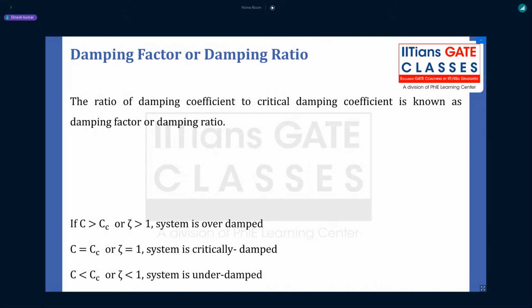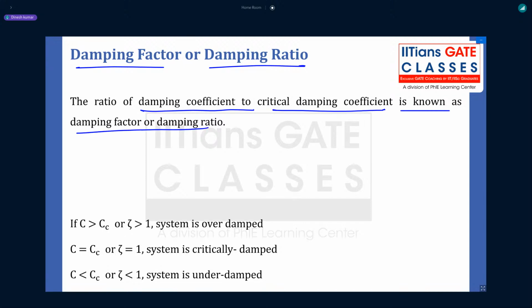Now the next important thing in damped free vibration is the damping factor or damping ratio. What is this damping factor or damping ratio? The ratio of damping coefficient to critically damped coefficient is known as damping factor or damping ratio. It is denoted by zeta.